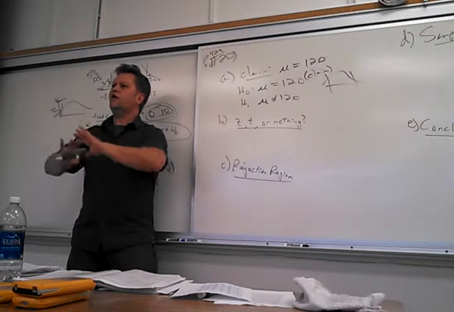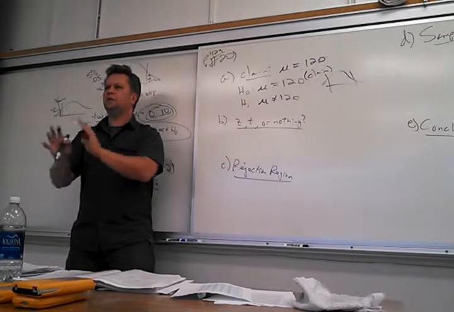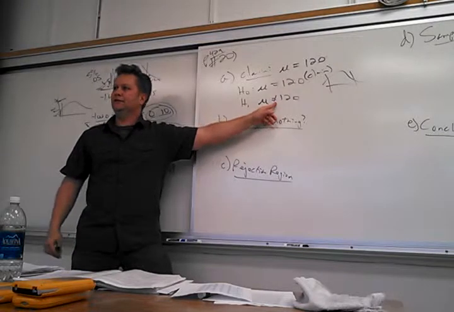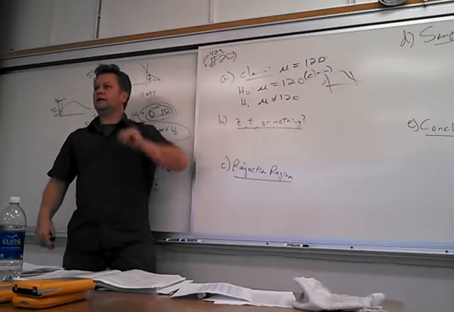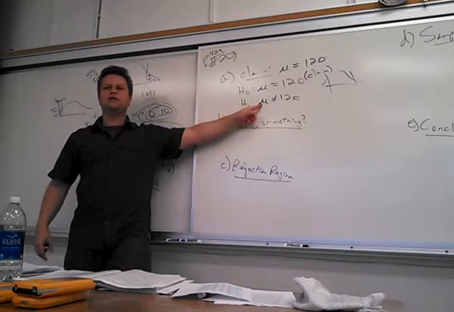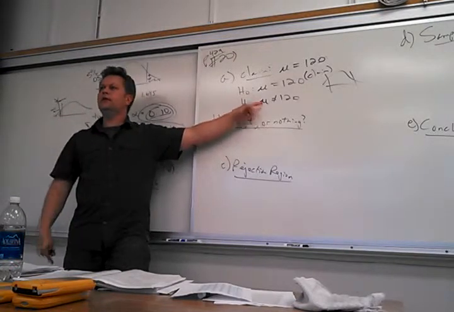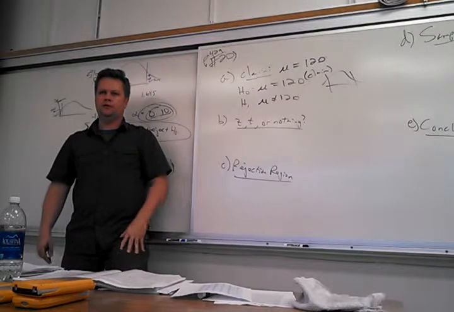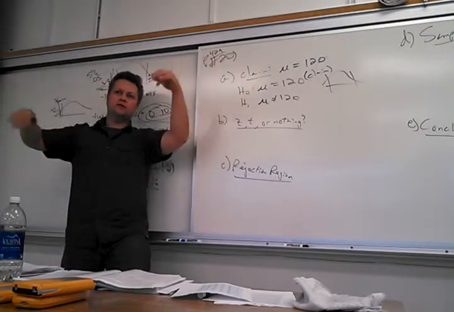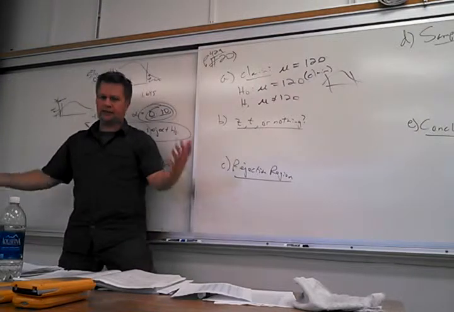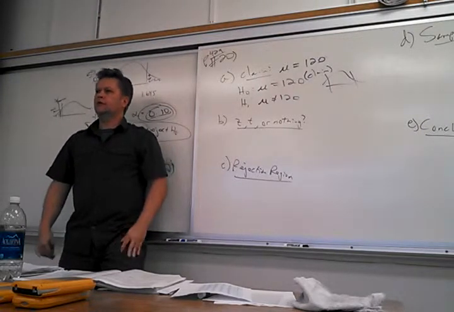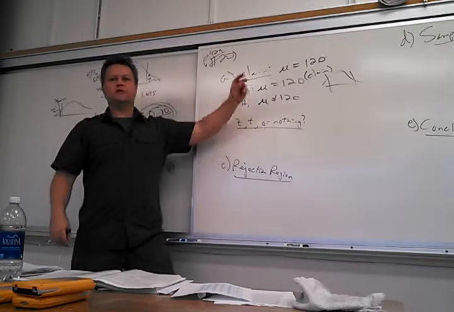So there's nothing at all that determines which one it's going to be besides the fact that the H1 cannot have an equal sign in it, and the H0 must have an equal sign in it. And why is that? Because the H1 is the one I can prove. I can never prove an equal statement using a sample. If I give the whole population, then hell yeah, I can prove the equal statement because I can see everything. We can't always do that in statistics. So I can never prove an equals using a sample.